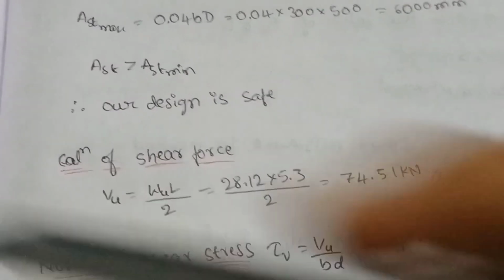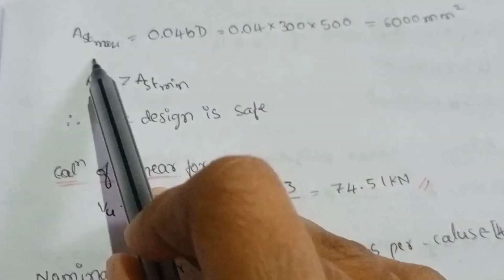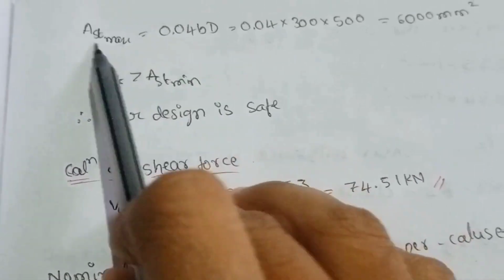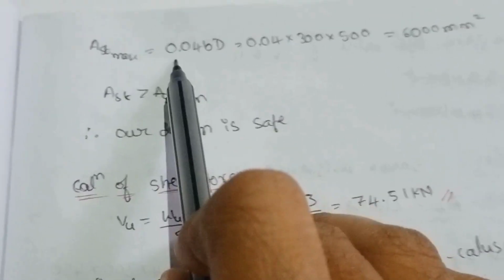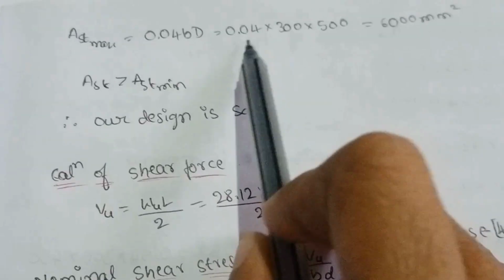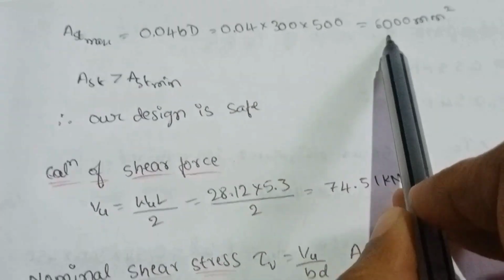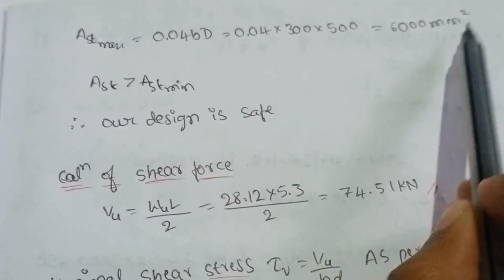So now we have to calculate the maximum reinforcement. To find the maximum reinforcement, we have the formula which is given on page number 47, that is AST maximum is equal to 0.04 BD. Substitute all the values. After simplifying, we will get 6000 mm square.